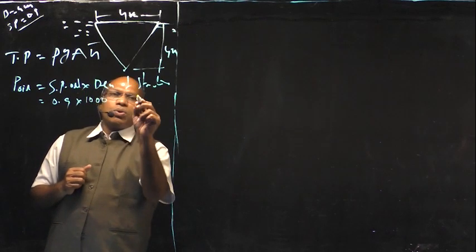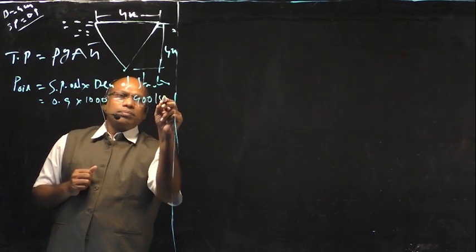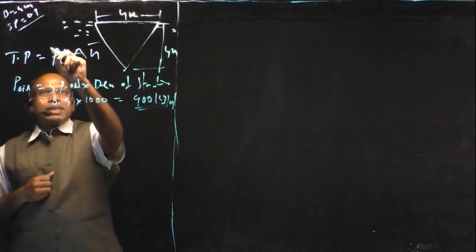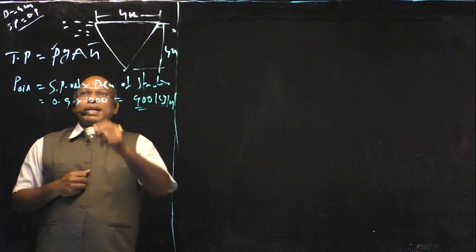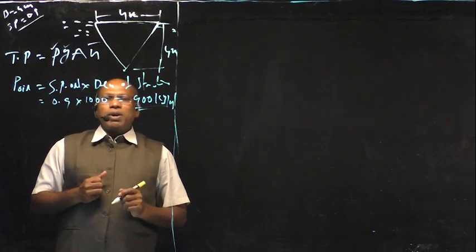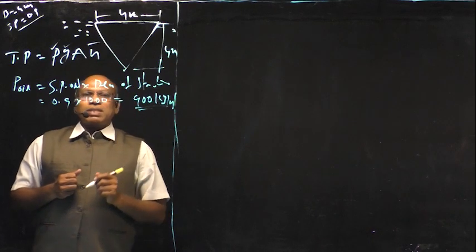This is equal to 900 kg per meter cube. Rho is nothing but density of the oil. G is acceleration due to gravity, equal to 9.81 meter per second square.